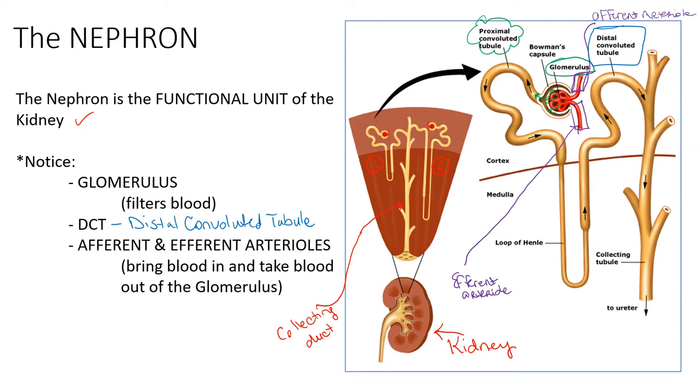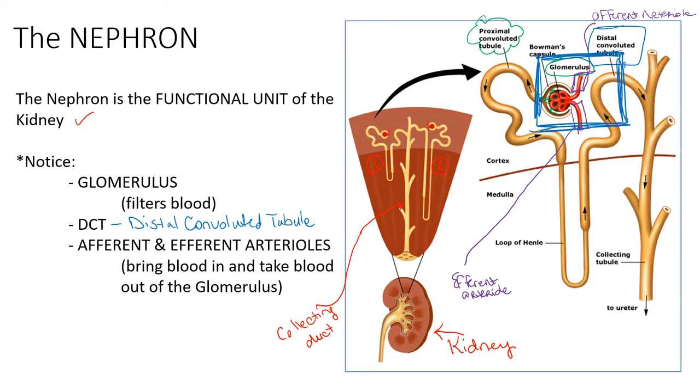And look at the proximity of where the distal convoluted tubule is to the glomerulus. I mean, that's right there. So the area of focus is this section right through here.